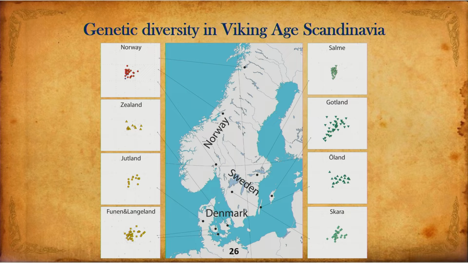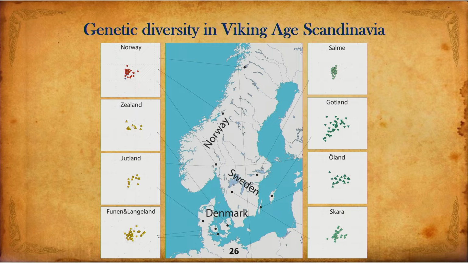So here again, every dot is a single individual, and the further apart they are on the genetic plot, the more diverse they are genetically, more distant they are genetically. So the more spread out the samples, the more diverse it is, just to visualize. And of course, the winner is, in this case, Gotland, where we have the most genetic diversity.